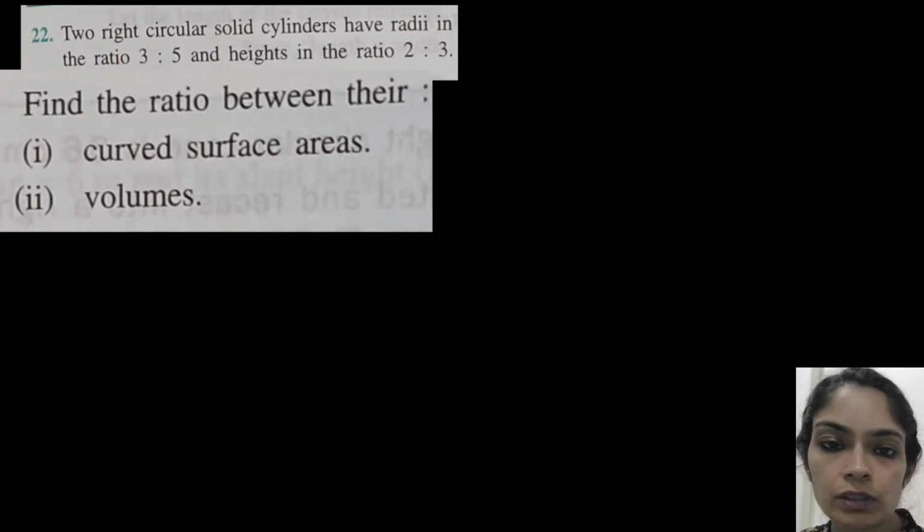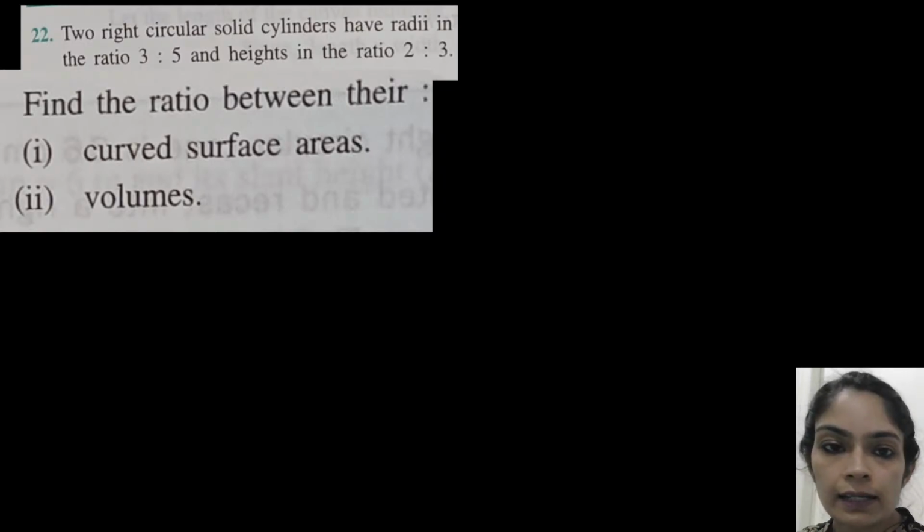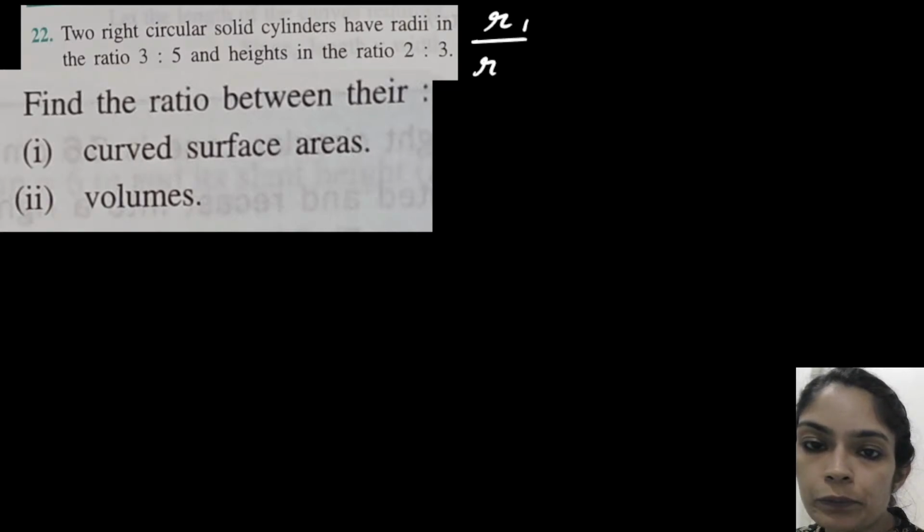You can see the question on my screen. So what we have to do, first of all, we have to see what is given to us. Two right circular solid cylinders have radii in the ratio and heights in the ratio. Two cylinders are there. So let's take the first cylinder's radius and height as R1 and H1, and the second cylinder's radius and height as R2 and H2. So the ratio of the radii, R1 is to R2.